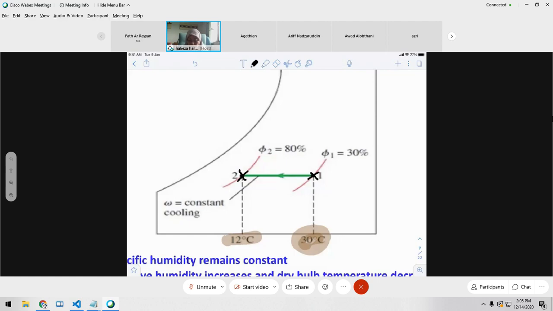No mixture, no water vapor is being added. So that's what is going on when you're cooling it down.